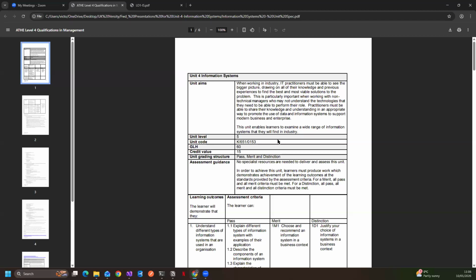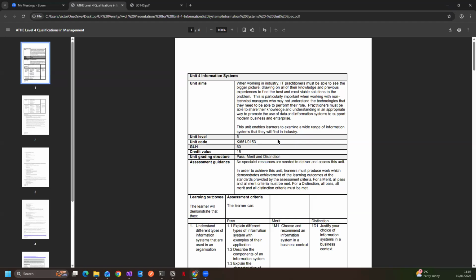This is particularly important when working with non-technical managers who might not understand the technologies they need to be able to perform the role. Practitioners must be able to share the knowledge and understanding in an appropriate way to promote the use of data and information systems to support modern businesses and enterprises.